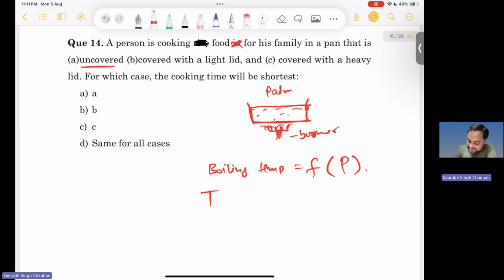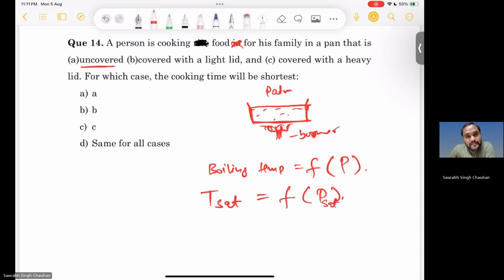Boiling temperature is nothing but saturation temperature at some given pressure. For a given pressure, the saturation temperature is fixed. If you increase the pressure, the saturation temperature or the boiling temperature will increase. So what will happen if you increase the pressure? The saturation temperature will increase.